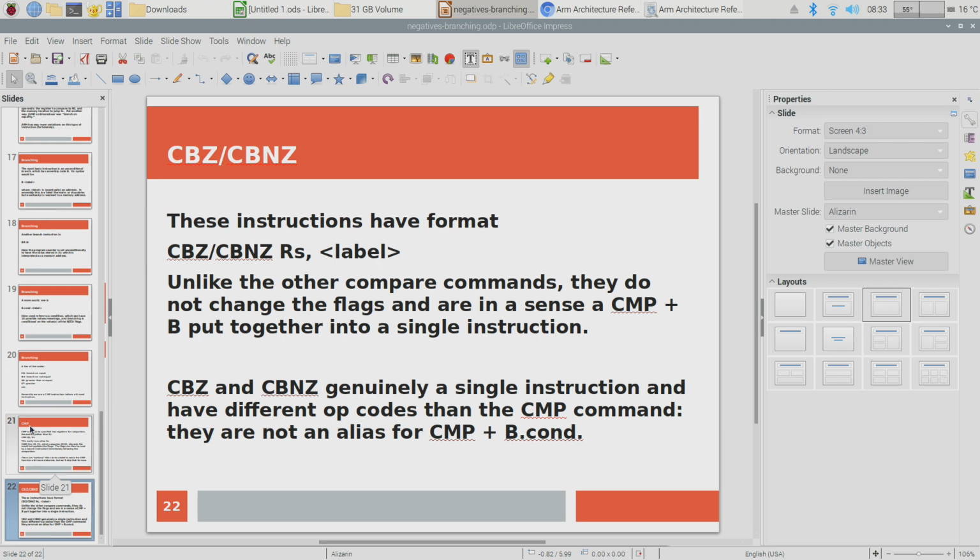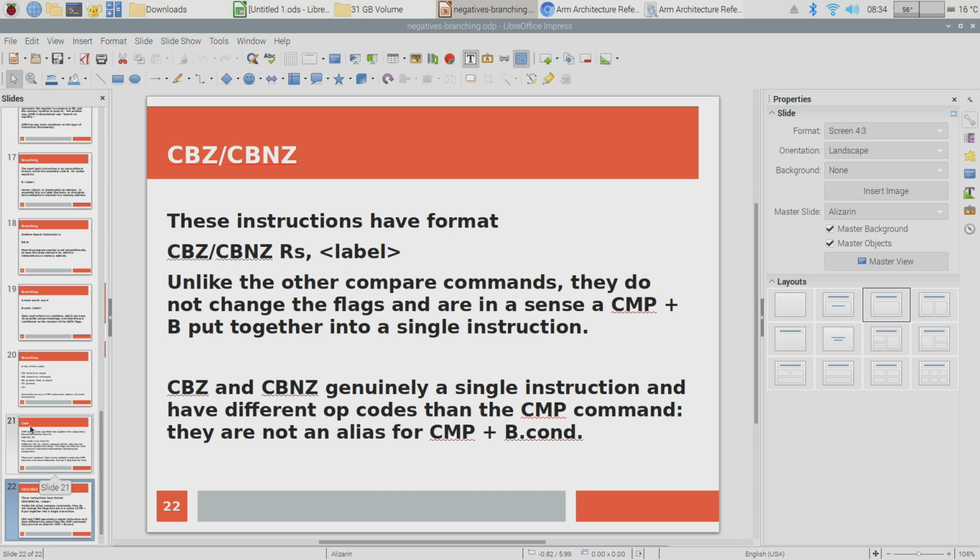And it is genuinely different than the other ones, because if we dig into our spreadsheet that's got all the opcodes and stuff, we can see that these two things genuinely have different opcodes. Okay, and so they are genuinely different instructions.